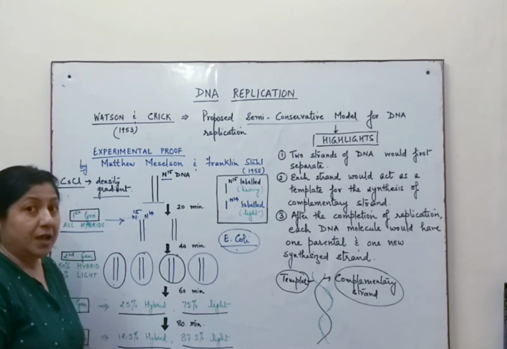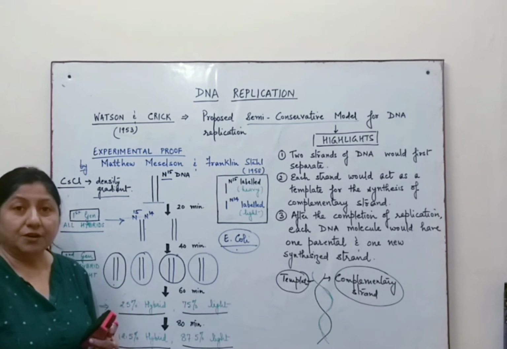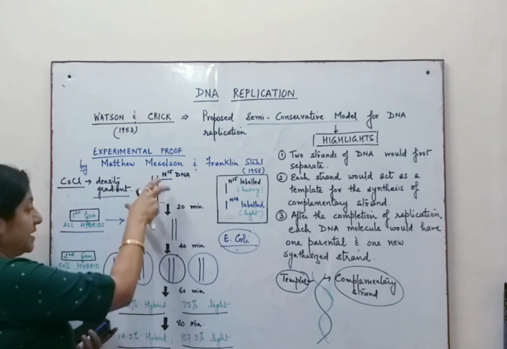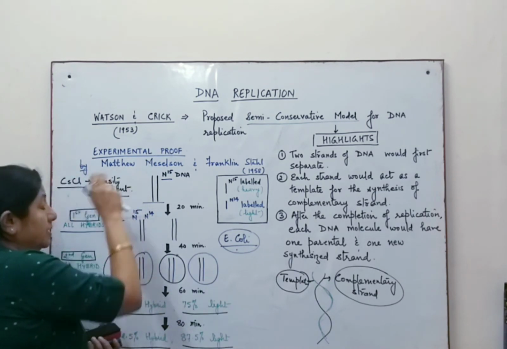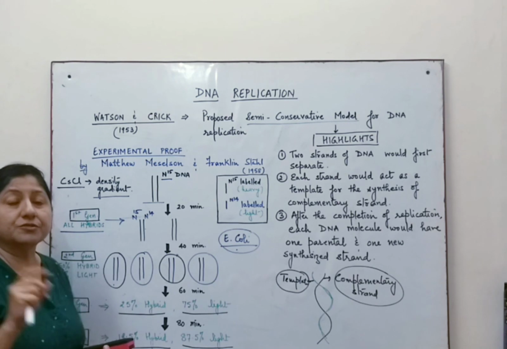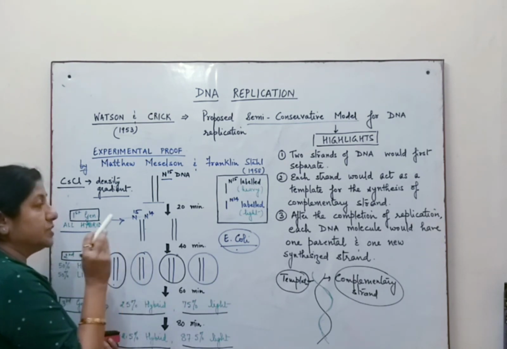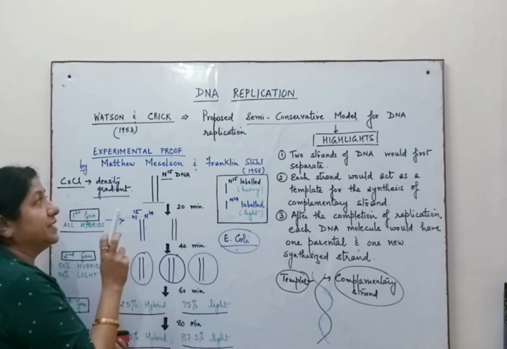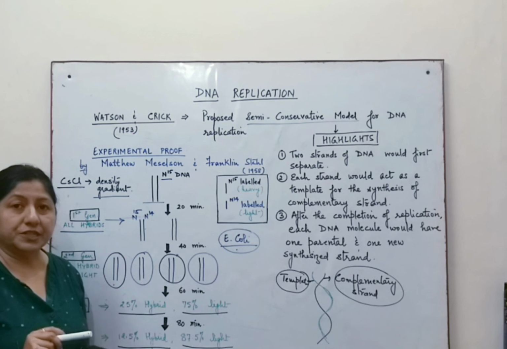So after studying the pattern of DNA replication through the density gradient using cesium chloride as a salt solution, it was found that replication in DNA is definitely semi-conservative.